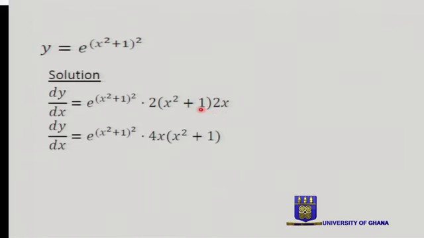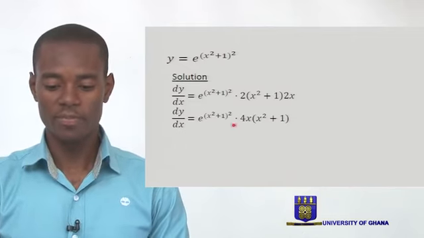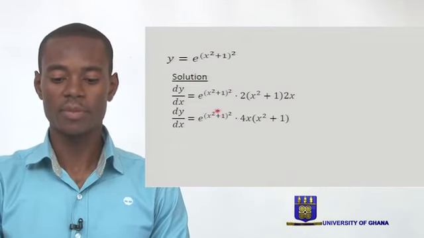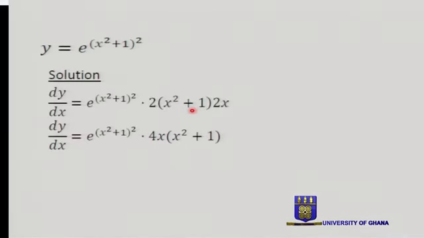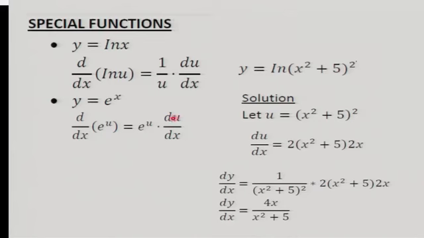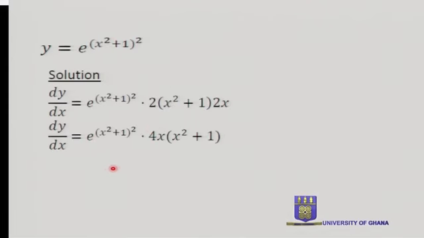X squared plus 1, when differentiated, will become 2x. And so, like I said, e to whatever function at the top will remain the same. This is the same. You multiply by this, and that's your final answer, just as the rule is saying. Your e to the power u multiplied by the differential of the inner function, which is du dx, will be your final answer, just as we have here.